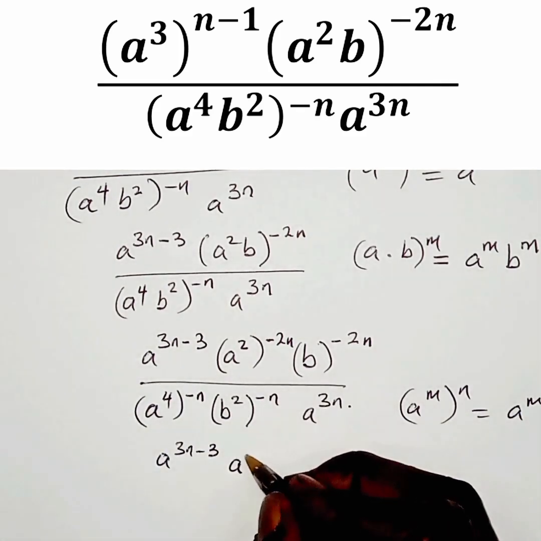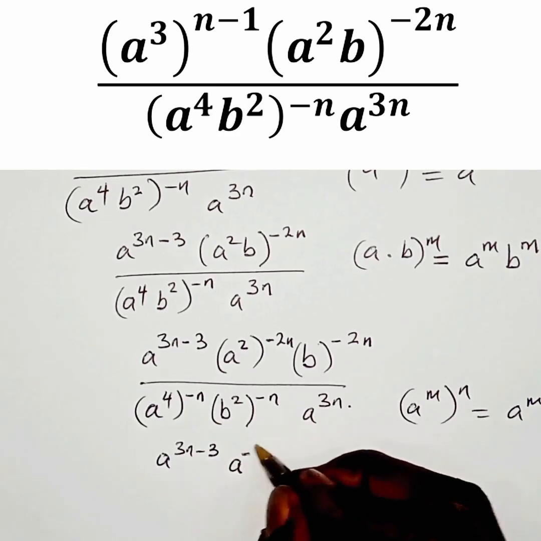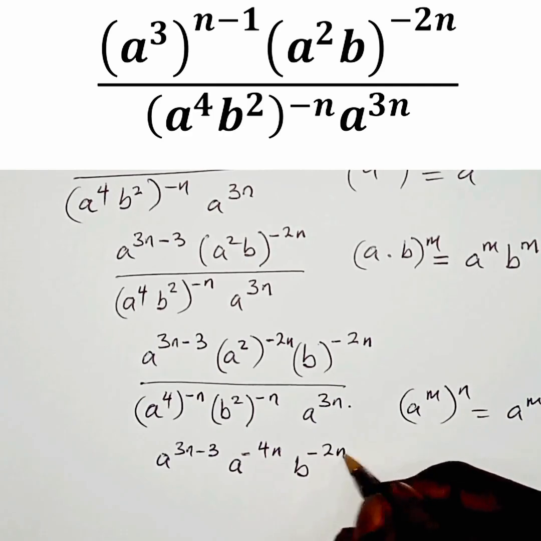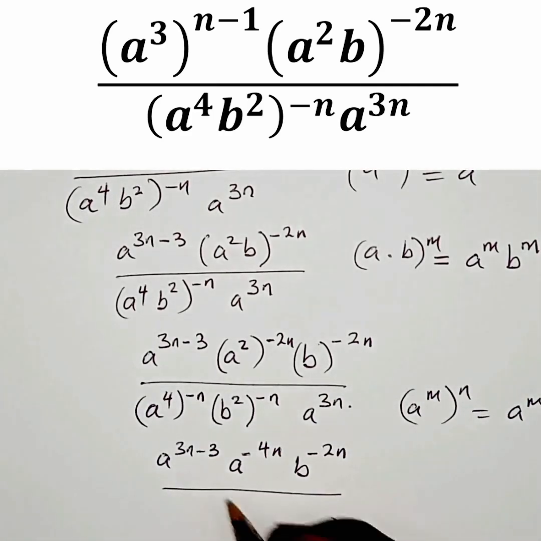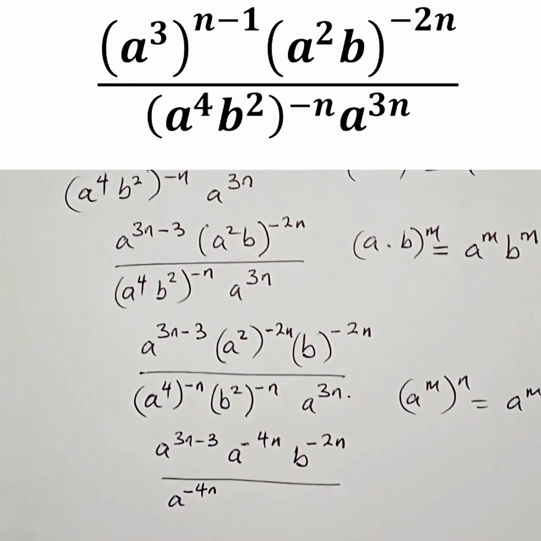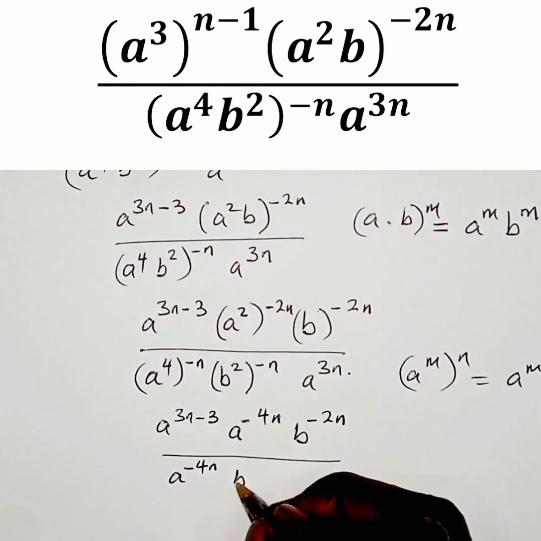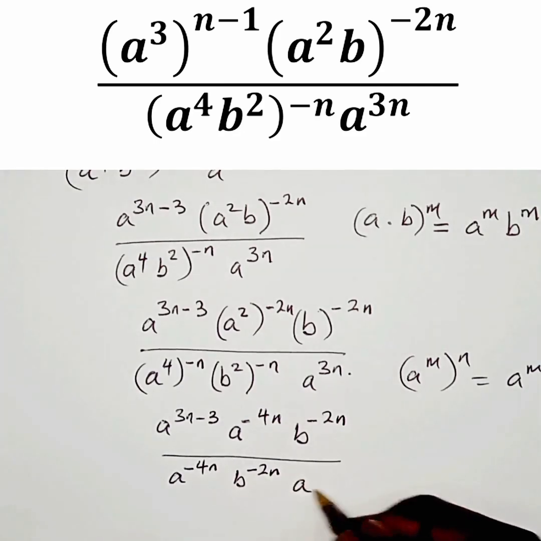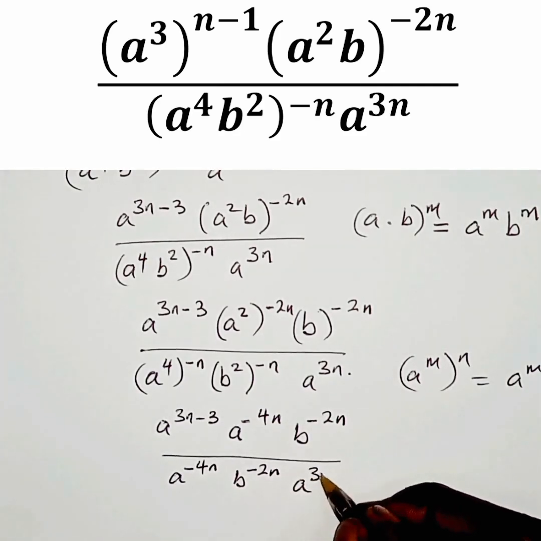So we're going to have a^(-4n) and b^(-2n), and that is all being divided by a^(-4n), and then we are going to have b^(-2n), and then a^(3n).